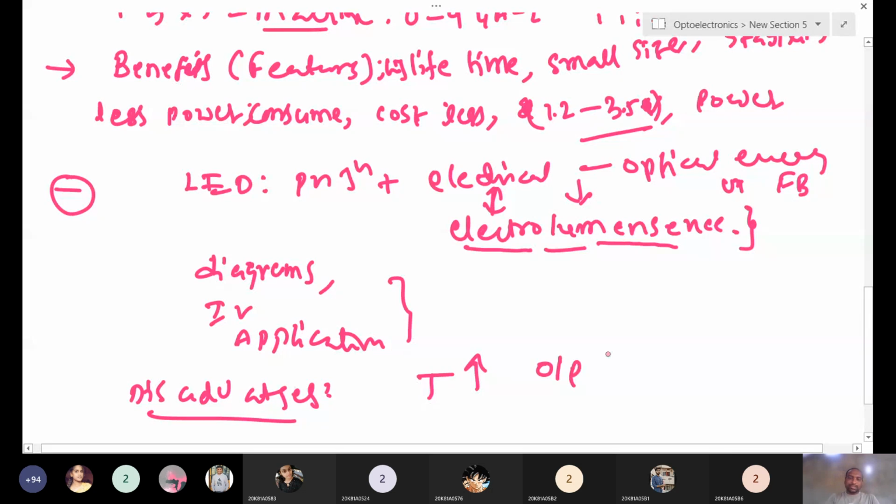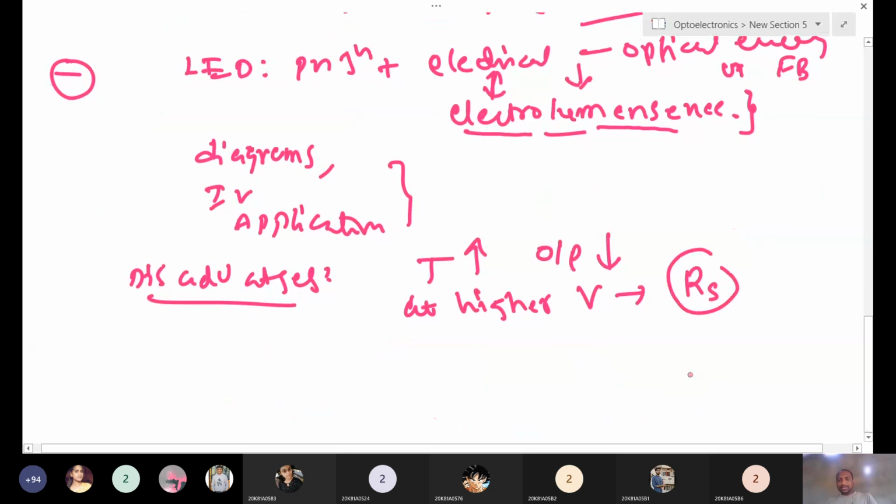Generally we use the device at room temperature, but if you use it at a higher temperature, the output power will reduce. These are two disadvantages.